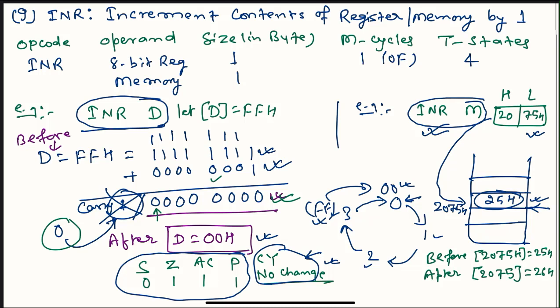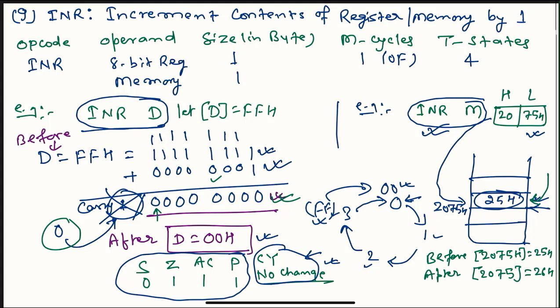So in this way it is performing this operation. One machine cycle is opcode fetch, then again to read this from memory to processor, that is called the memory read operation. After incrementing, the microprocessor sends it back to memory to store the data into the same location. That process is called a memory write.